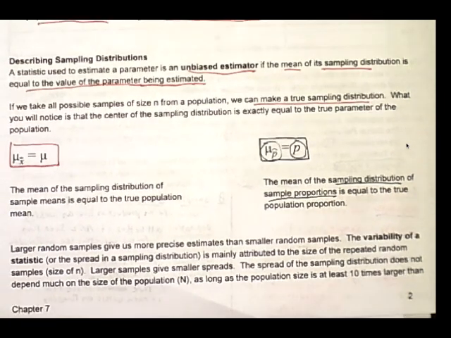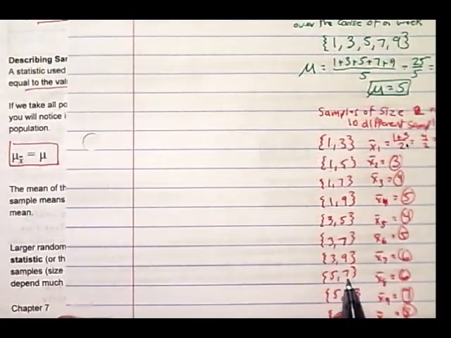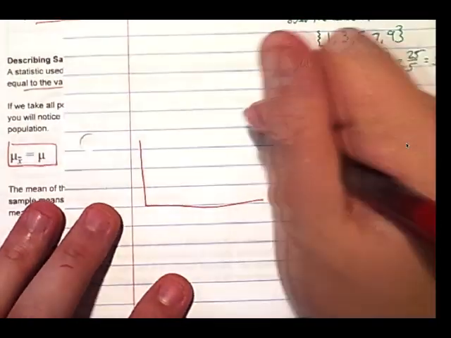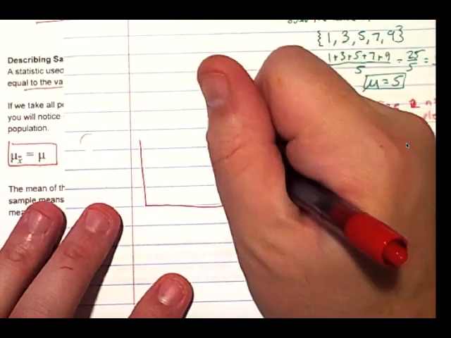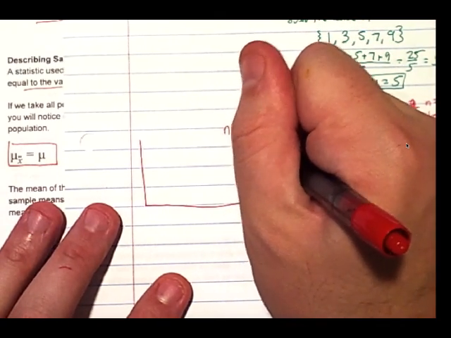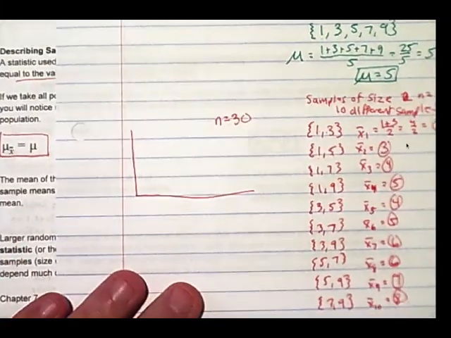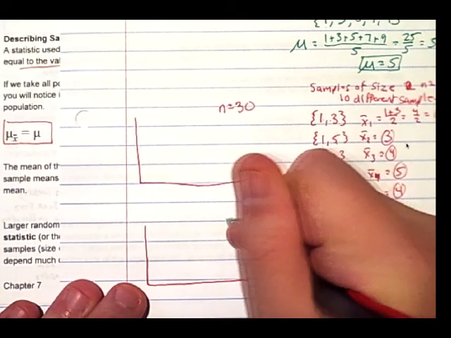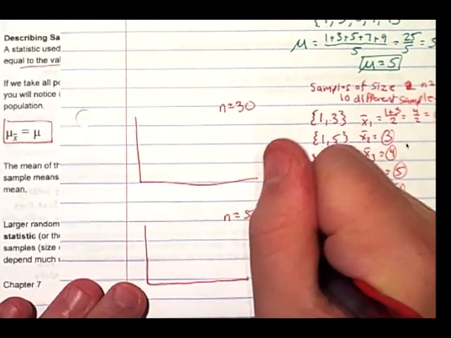Let me try to illustrate that. You can see this with our pennies. We did two different graphs for pennies. We made one graph where I said pick pennies in groups of 30, and another one where I said pick pennies in groups of 5.